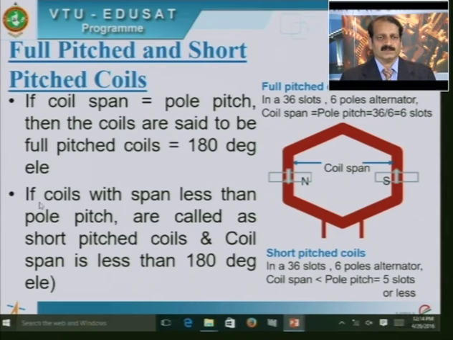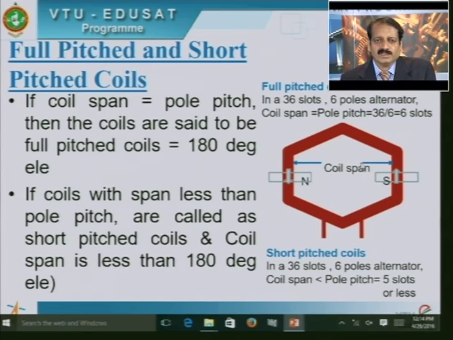In the case of short pitched coils, if the coil span is less than pole pitch, then we term such a coil a short pitched coil, and the coil span can be less than 180 degrees electrical. For example, in the same case of 36 slots and a 6 pole alternator, if the coil span is less than pole pitch by say 1 slot, then the coil span instead of the earlier 6 slots will now be 5 slots.